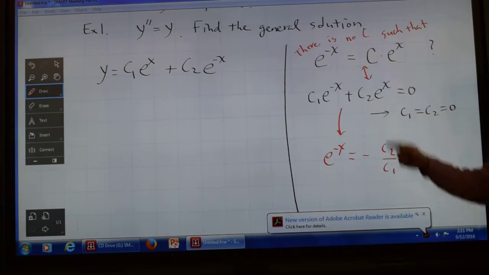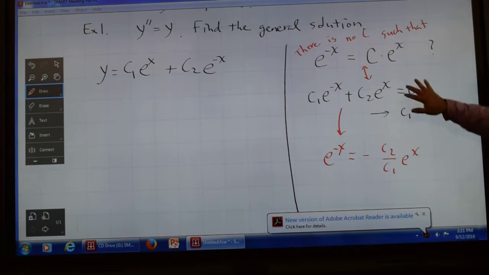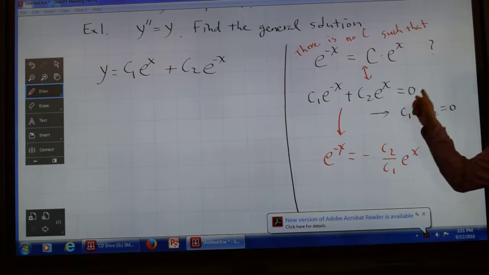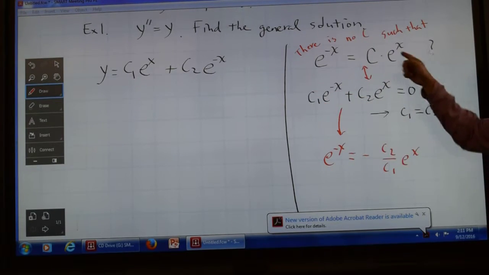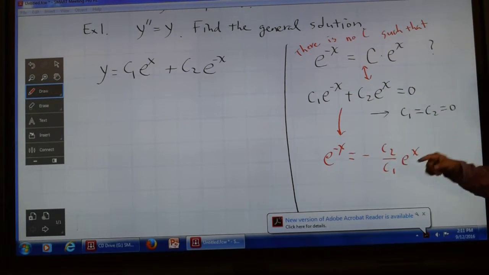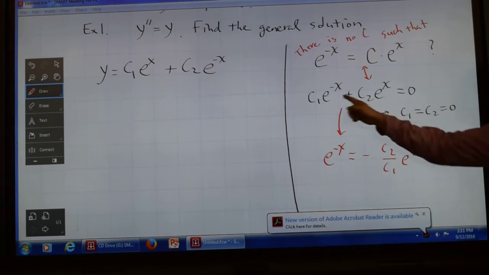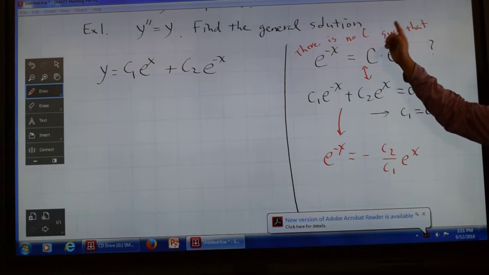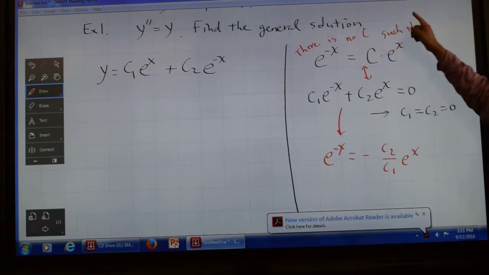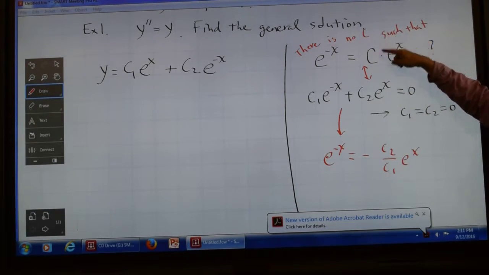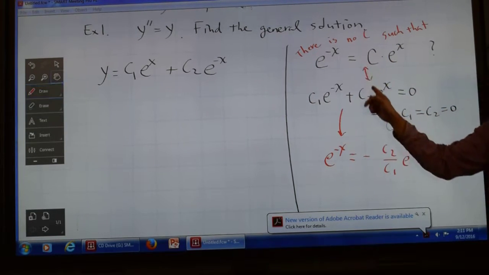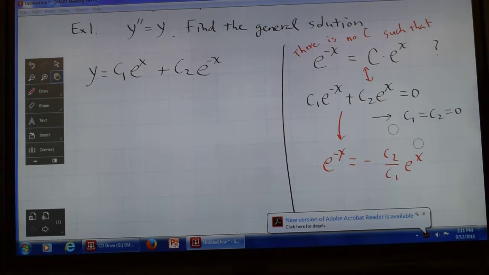And you can take C to be this thing. So if there is some non-zero value that will satisfy this, that means there is such a C. If 0, 0 is the only case that this is true, then that would mean that there is no such C, because if there was such C, then you can move it to the other side and take C1 to be 1 and C2 to be negative C. That would be a solution. So these two are equivalent things.